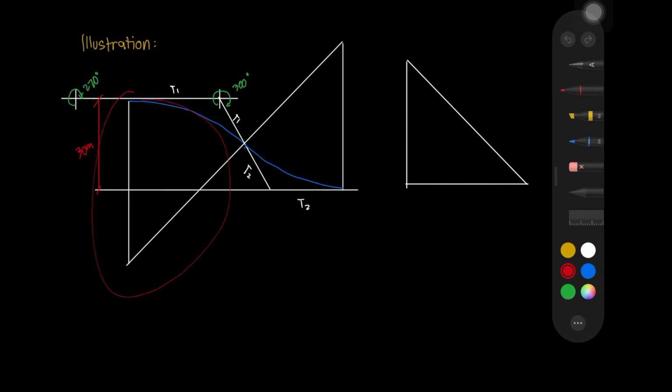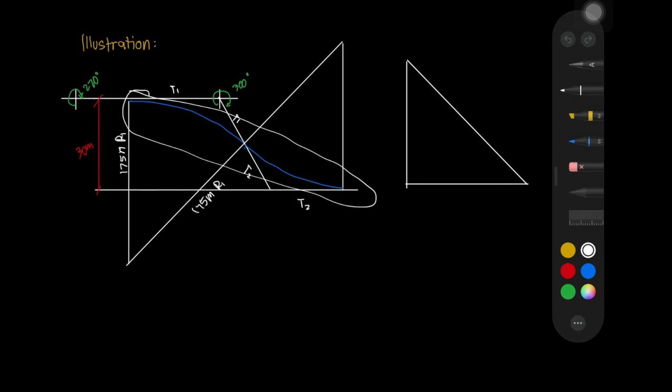This one here is our radius, R1, and we are given 175 meters. So we have 175 meters as our first radius, and this blue line is our curve, L1 and L2, which makes this line our R2.